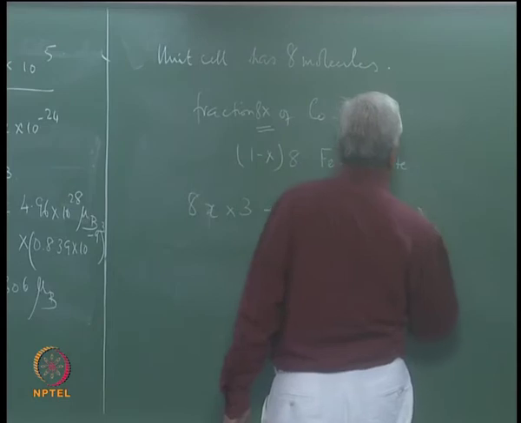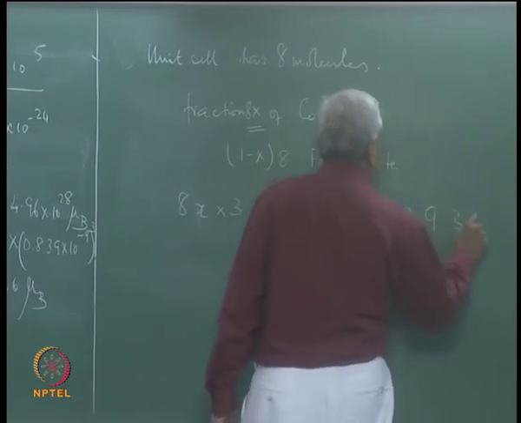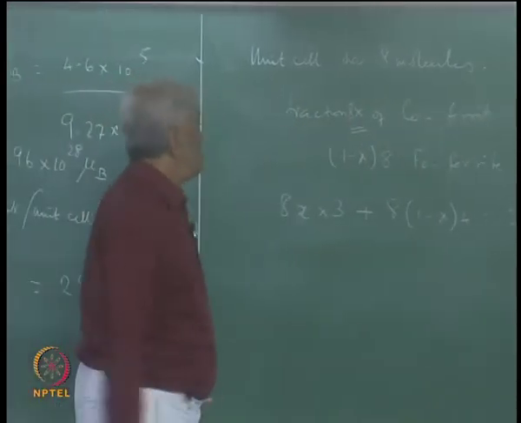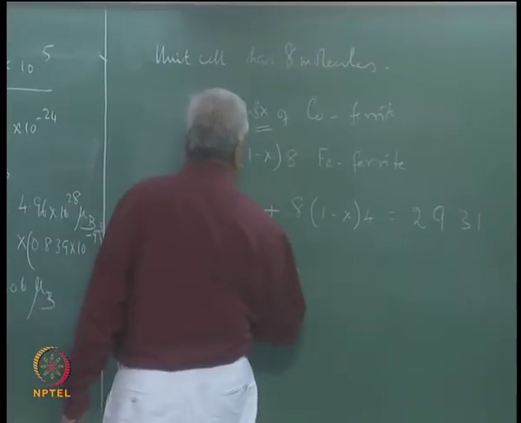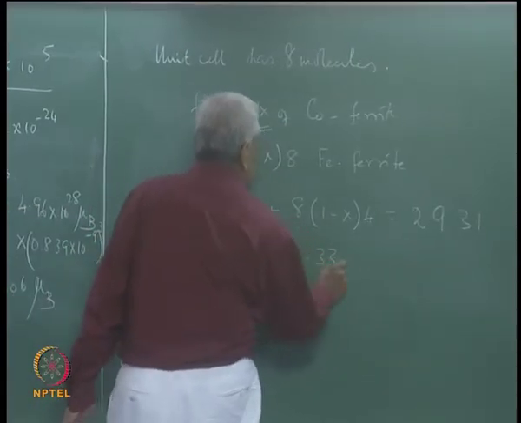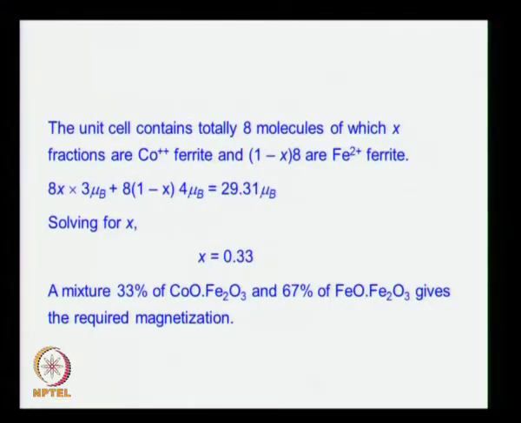That should be 29.31. So, x turns out to be 0.33. That means that we have to mix 33% of cobalt ferrite with 67% of iron ferrite, the magnetite. So, that is the answer.